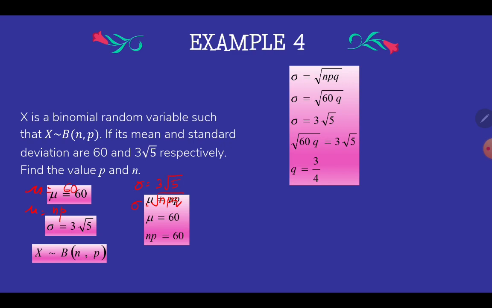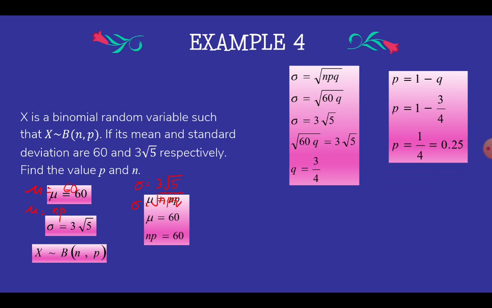The question also states that the standard deviation is 3√5. So we can conclude that the square root of 60Q is equal to 3√5. From there we can find our Q. When we have the value of Q, of course we can find our P, in which P is 1 minus Q. So we have P as 0.25. So P is settled.